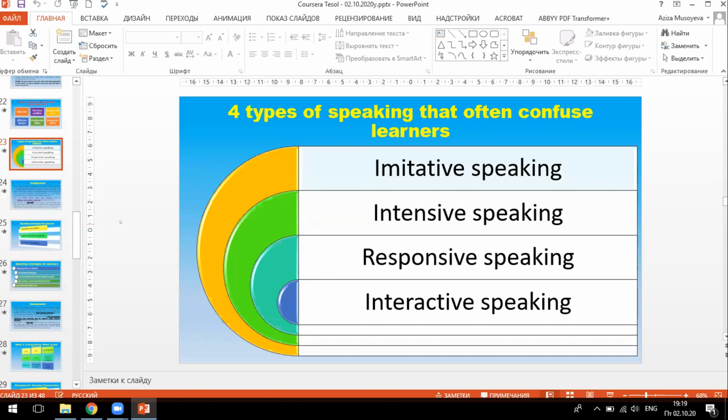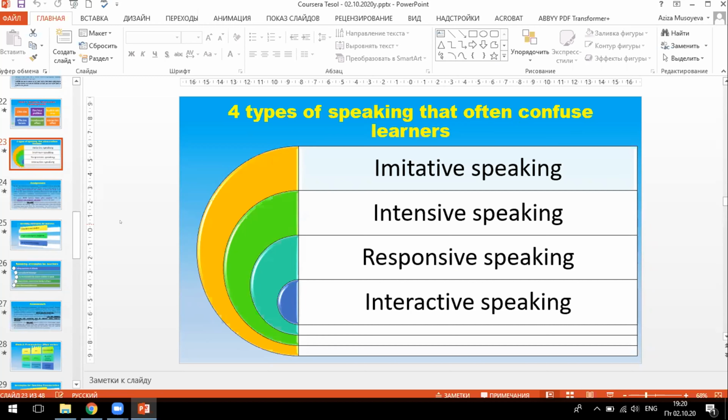So imitative speaking is like listening carefully and simply imitating a speaker. You can sometimes ask your students to imitate some TED Talks. Yeah, it can be very difficult, but difficult things sometimes make it more interesting when the results are better.